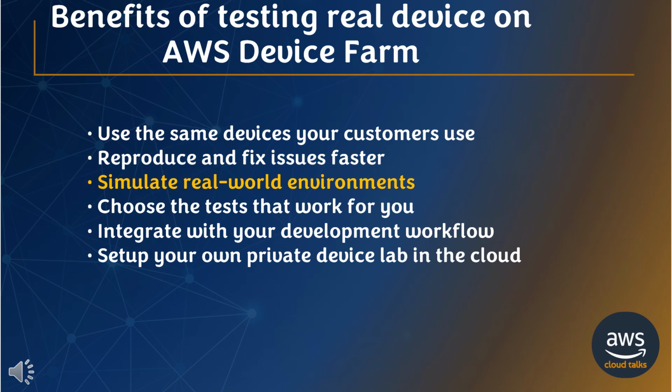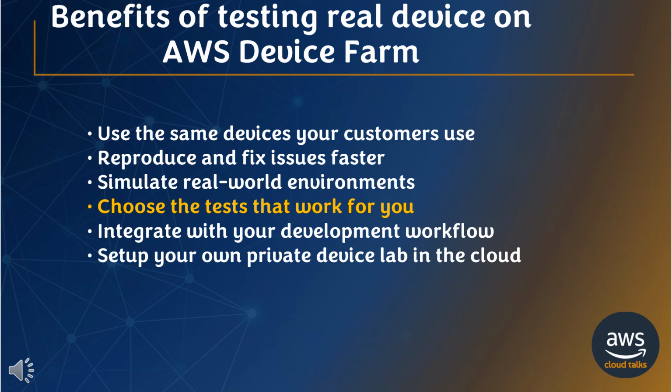Simulate real-world environments. You can fine-tune your test environment by configuring location, language, network connection, application data, and installing prerequisite apps to simulate real-world customer conditions. Choose the tests that work for you.